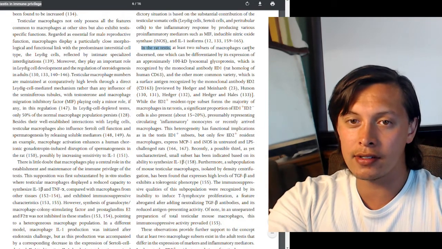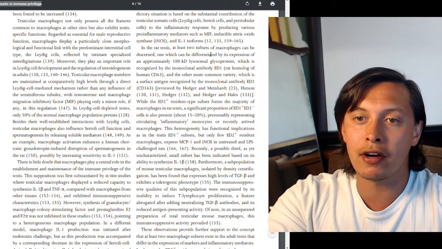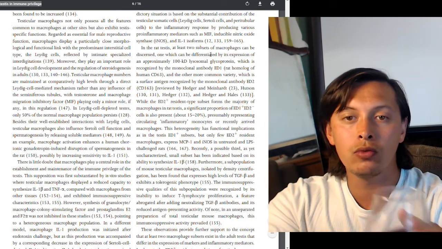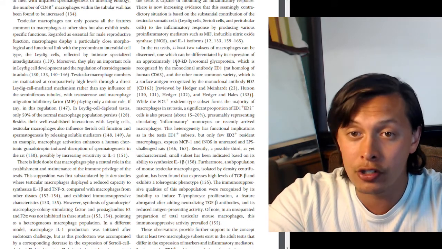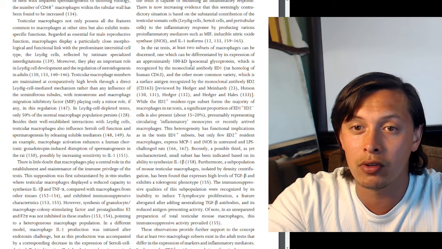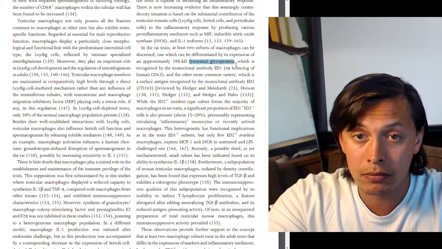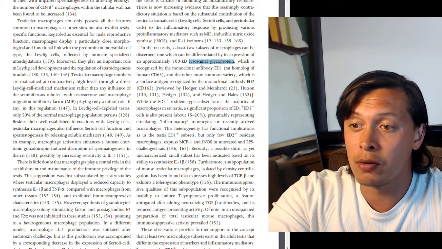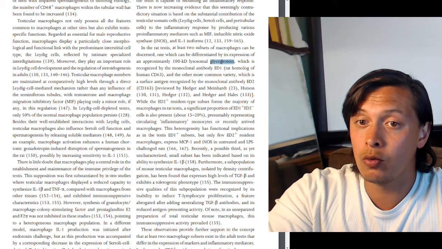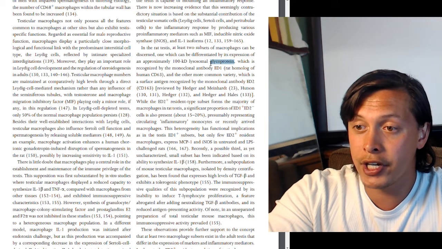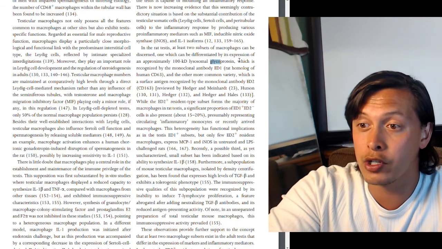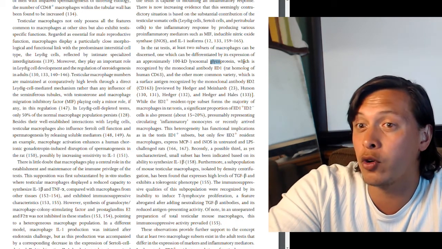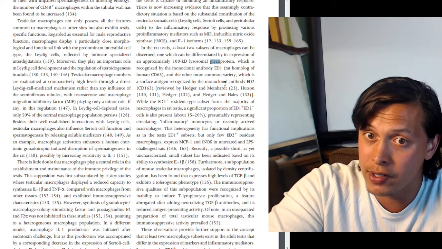In the rat testes, at least two subsets of macrophages can be discerned. One can be differentiated by its expression of an approximately 100 kilodalton lysosomal glycoprotein. A lysosomal glycoprotein would be a protein that is glycosylated, so it has sugars on it, which would indicate that it's probably secreted or at least expressed on the surface of the cell.